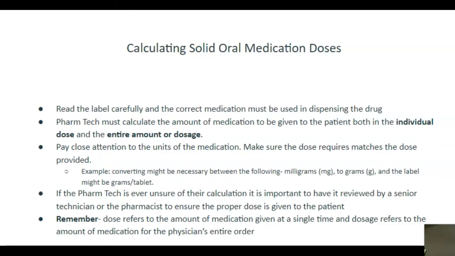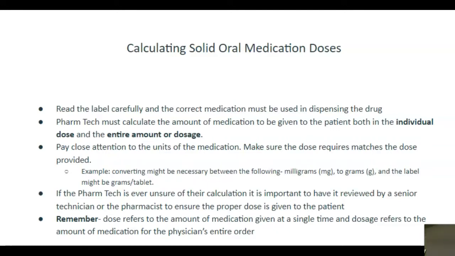So if the physician says, I want 0.2 grams of medication A, and your bottle says in milligrams, you need to make sure you're converting that. And we haven't gotten to conversions yet. We're going to do that in module 2. So for today, you are not going to be doing any conversions yet.